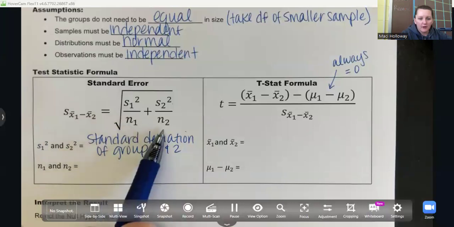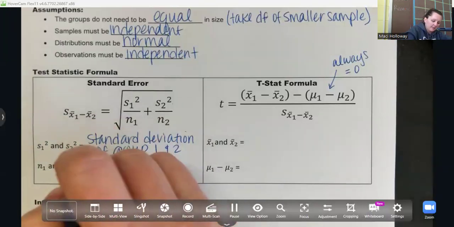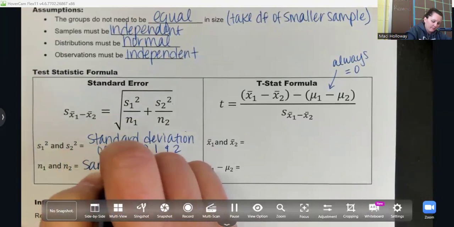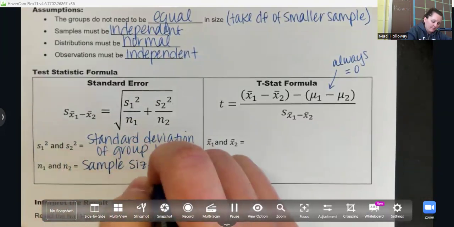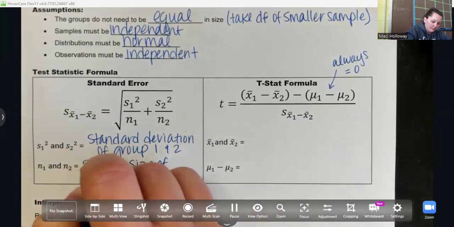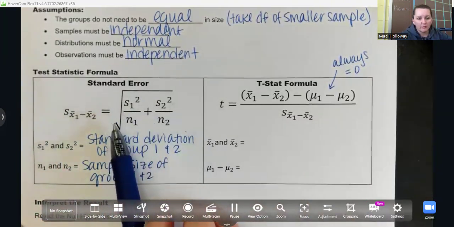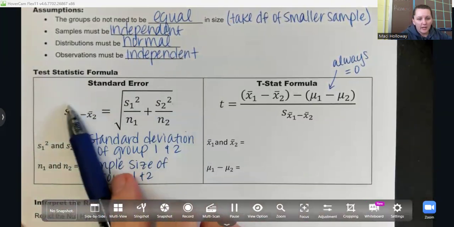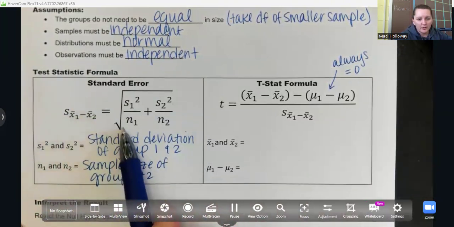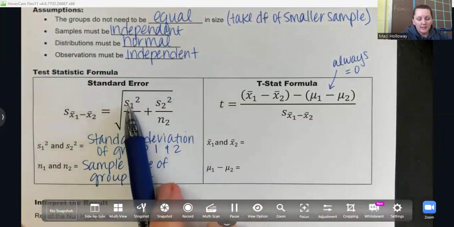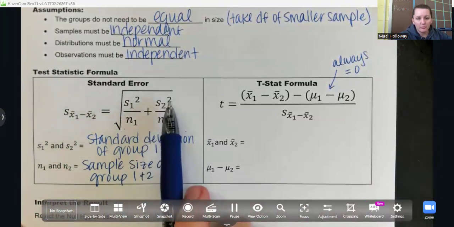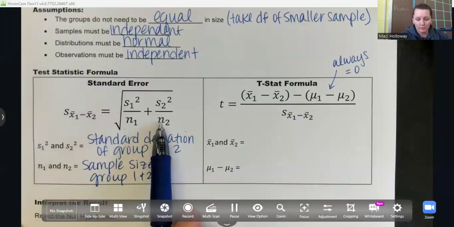Our n's down here are the sample sizes. So if I'm talking through the formula, the standard error equals the square root of the standard deviation of group 1 squared divided by the sample size of group 1, plus the standard deviation of group 2 squared divided by the sample size of group 2. That's how we would write that formula.